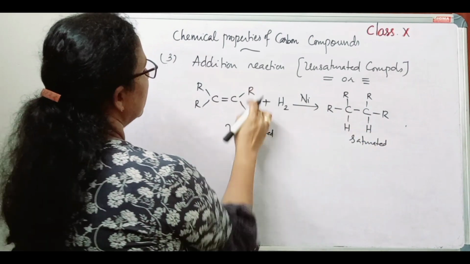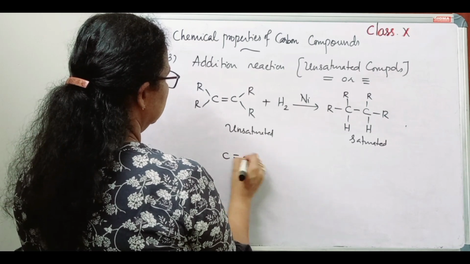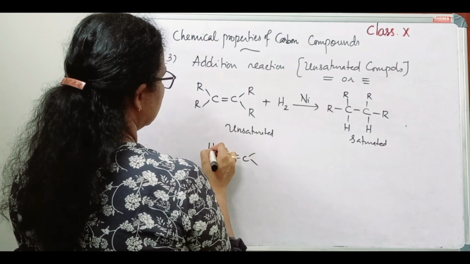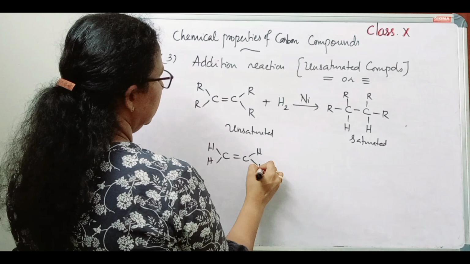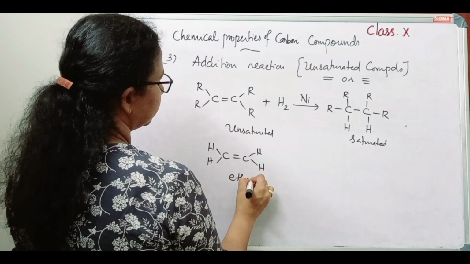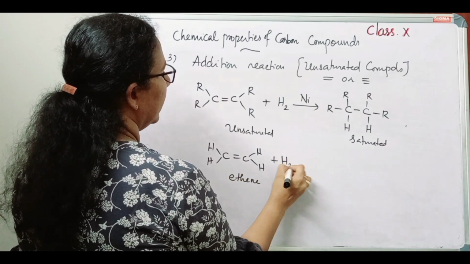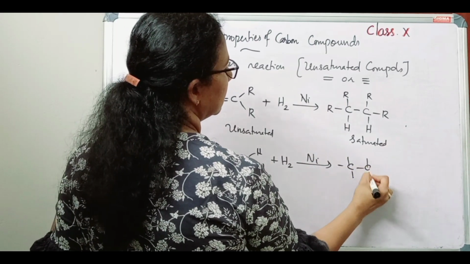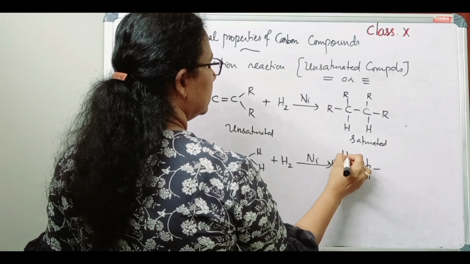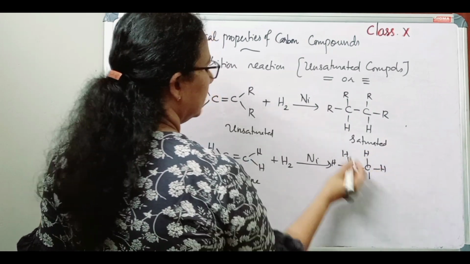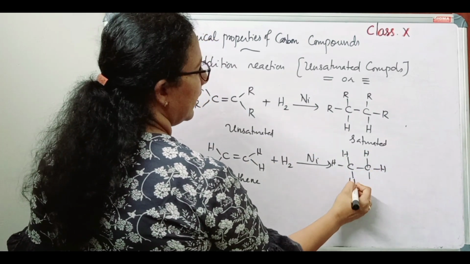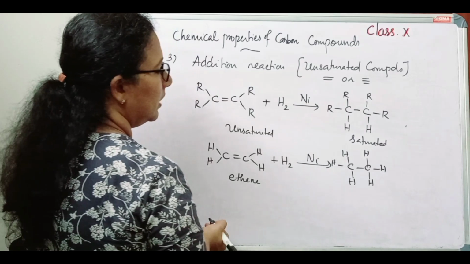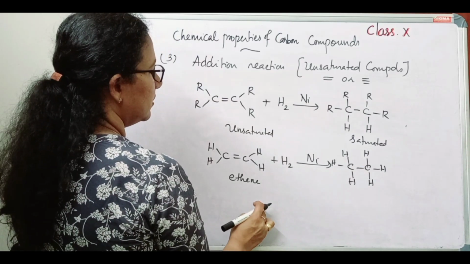For example, instead of R, we can write the simplest alkene, that is ethene. On addition of hydrogen in presence of nickel, two hydrogen atoms are already there, then two hydrogen atoms are added on both carbon atoms. Here we will get a saturated compound.